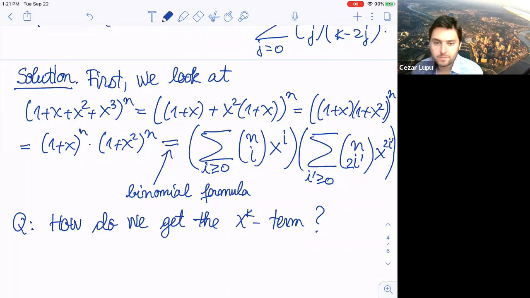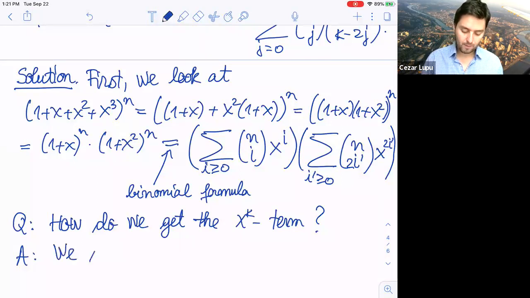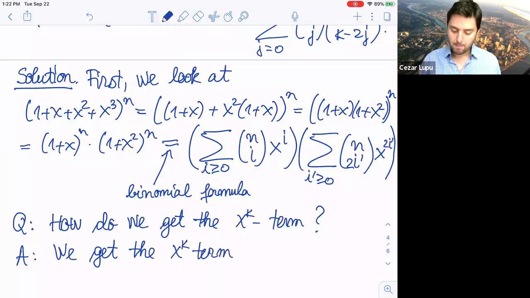And pay attention here, with the second one, this will be important. The answer is that we get the x to the k term by a pairing.